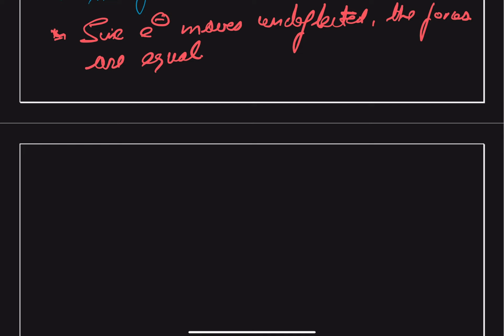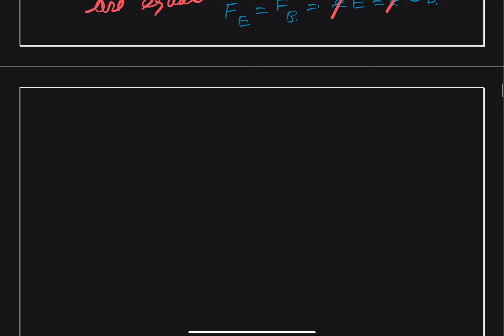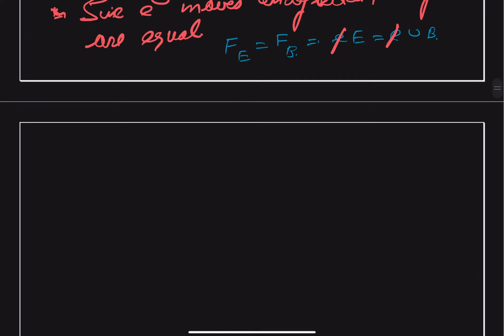So which means force due to electric field will be equal to force because of the magnetic field, and this gives us eE is equal to eVB. Here electron charge cancels out, and we need to find out the value of magnetic field.